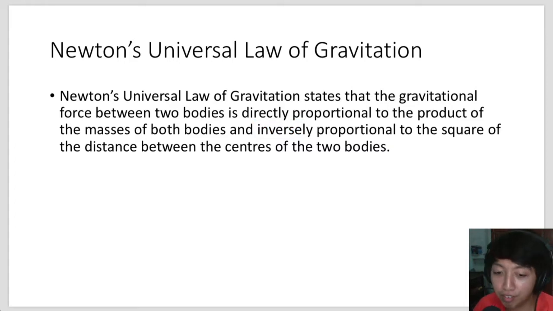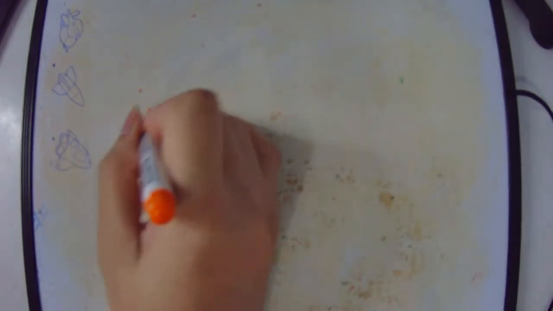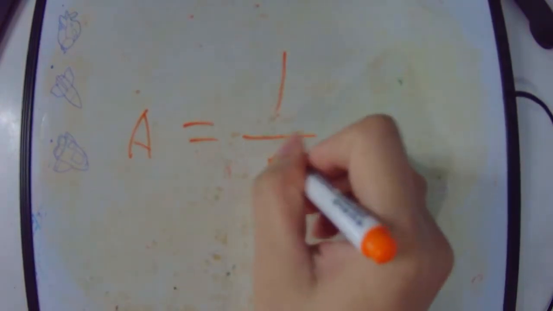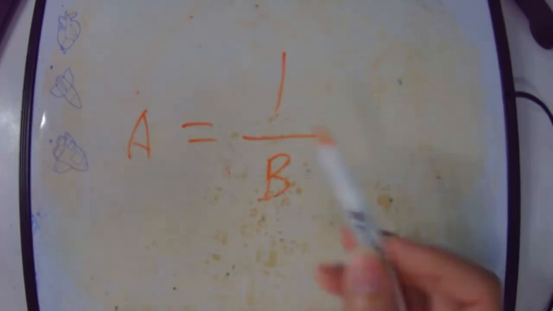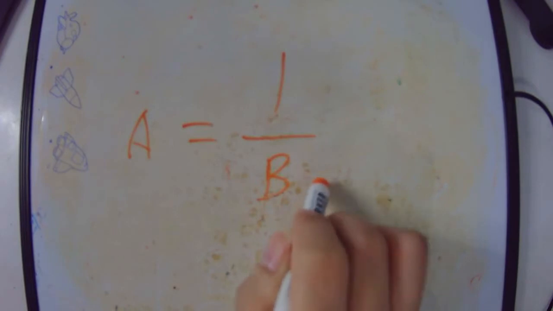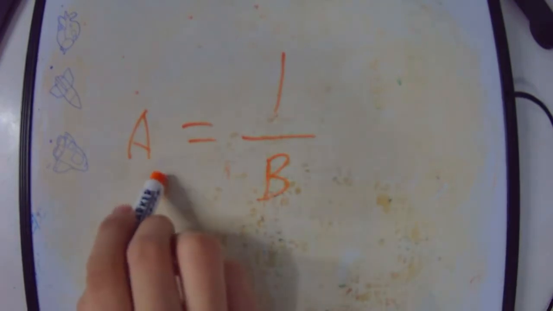If you write it down in an equation, usually an inverse equation looks something like this. It can be anything, right? A equals 1 over B. The higher B is, the lower A becomes.